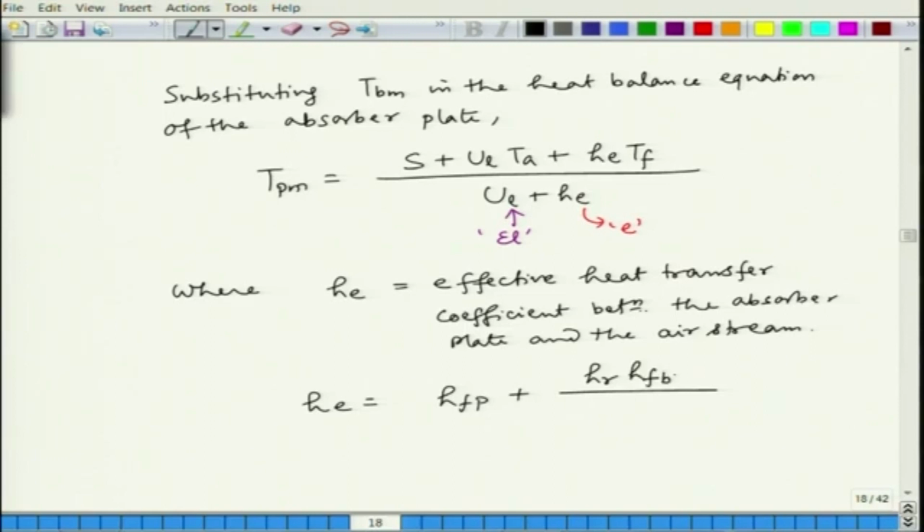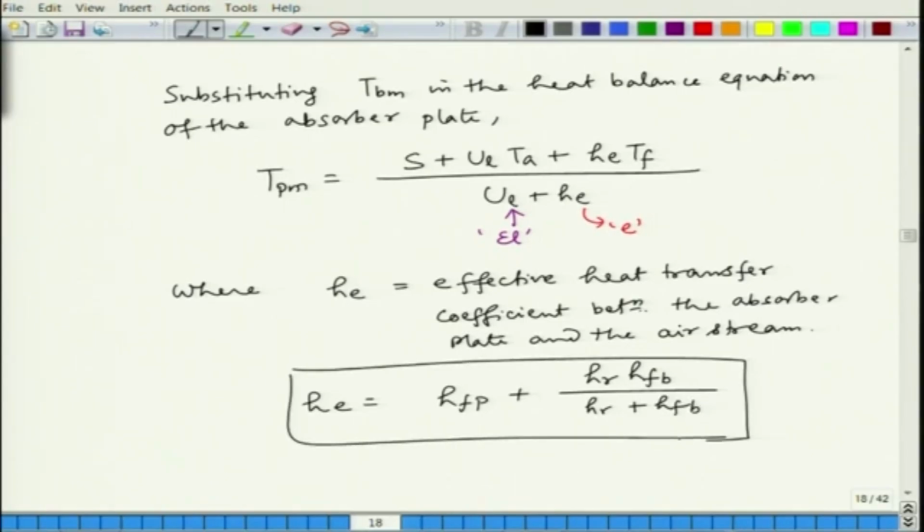So, that combination gives us this. Okay. So, this is the effective heat transfer coefficient between the absorber plate and the air stream.